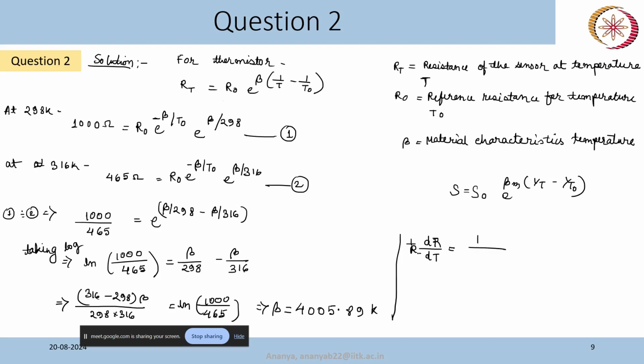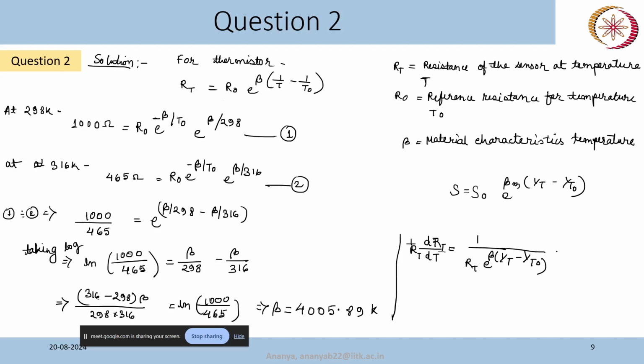So this is basically RT. We are doing it at a particular temperature. 1 by RT exponential beta 1 by T minus 1 by T0. Okay, so this is 1 by R. dr by dt is differentiation of this expression with respect to T.